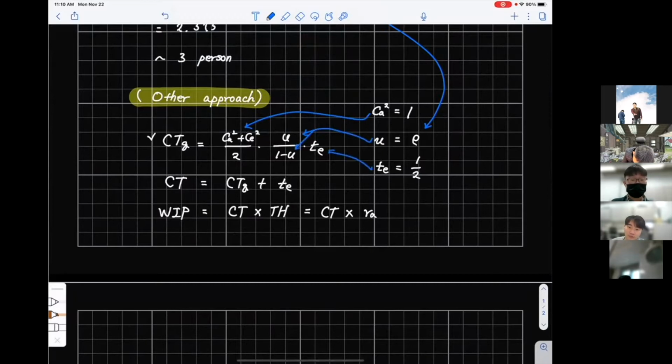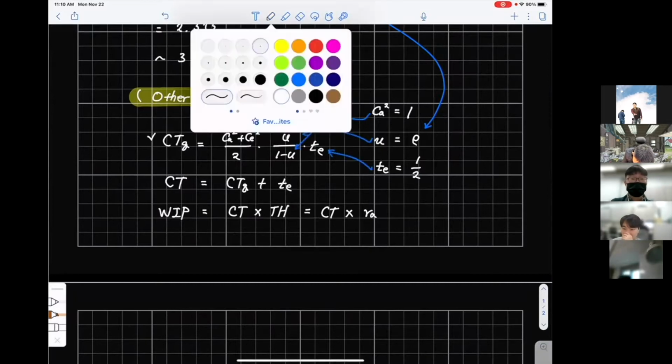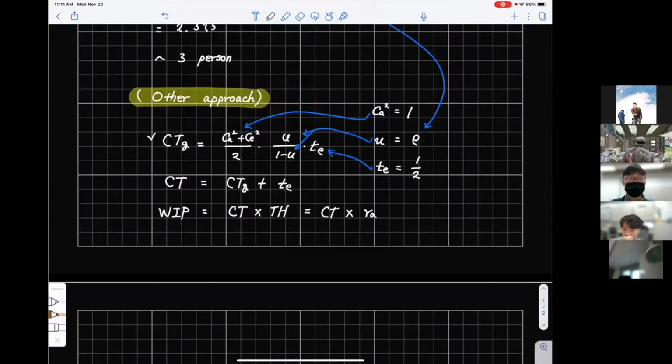There is one more parameter, Ce, which is sigma over Te, and we already know this value. Te is 0.5, and standard deviation is 1/3.